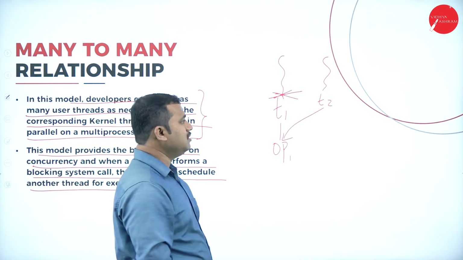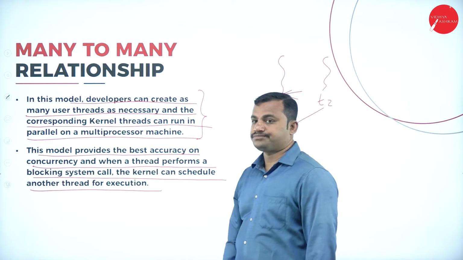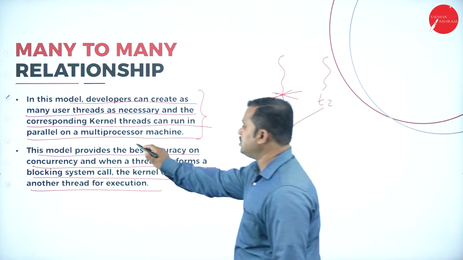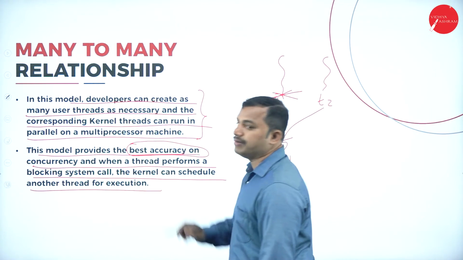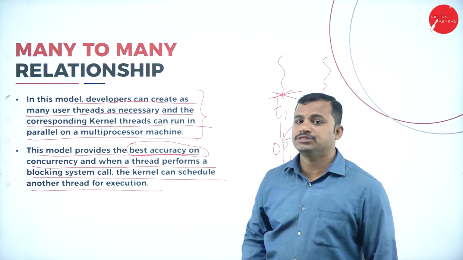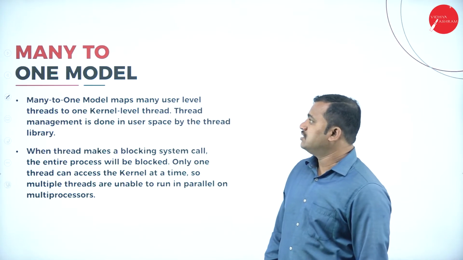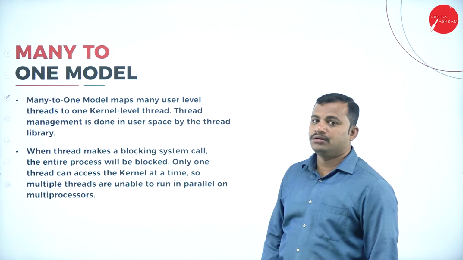This is done by the many-to-many model. By doing this parallel operation, the concurrency also increases in the many-to-many model, so the performance of a system also increases. If that is the case, what about the many-to-one model?